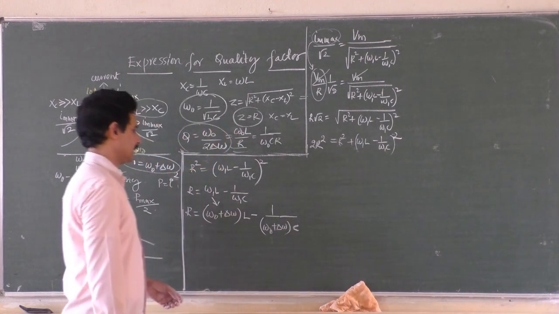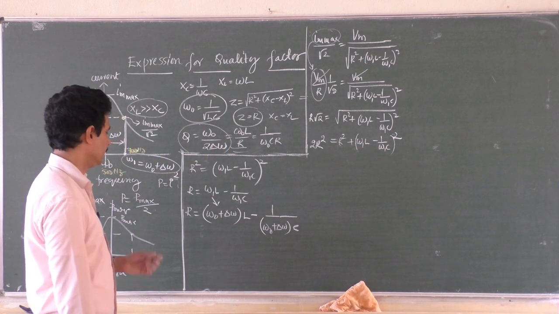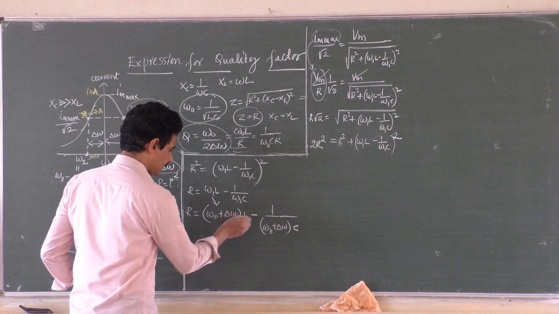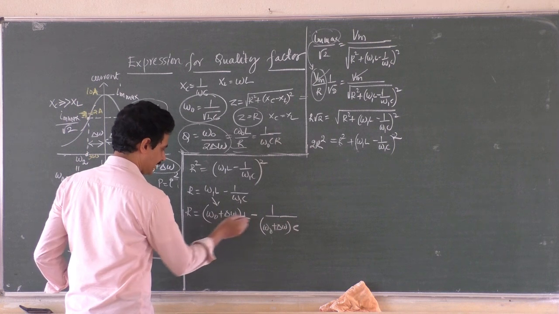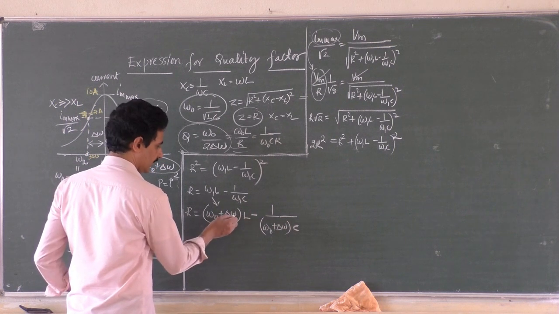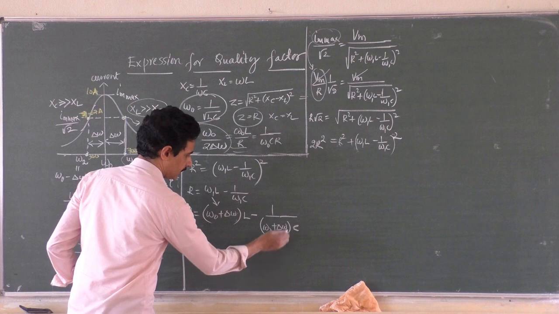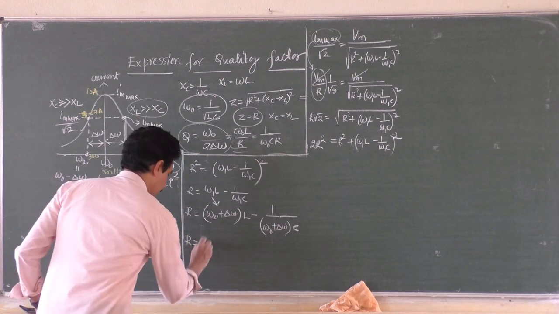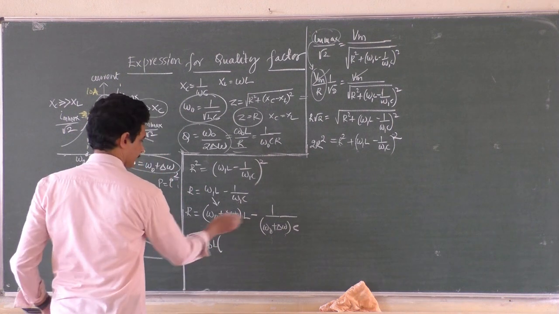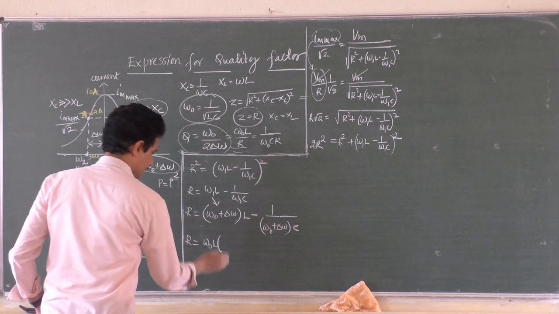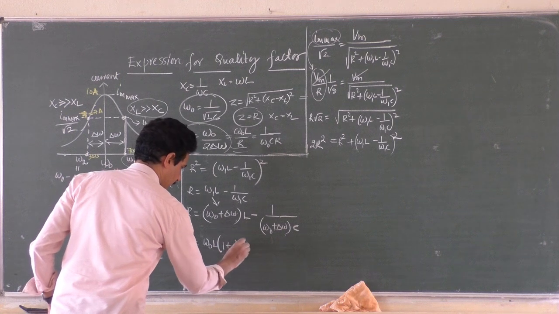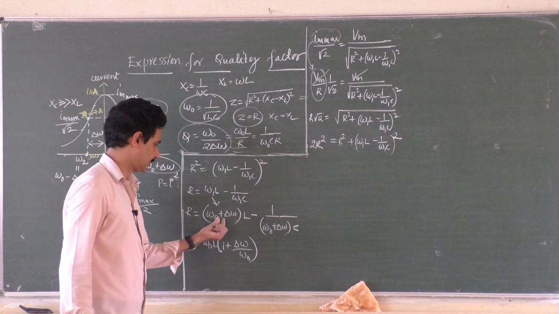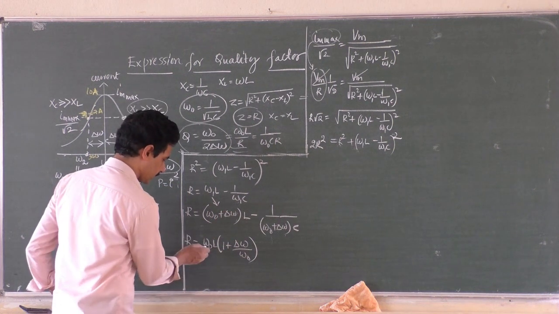Correct? Now try to get omega naught L outside here. If you want to take omega naught outside, there should be a common omega naught, so here multiply and divide by omega naught. What you will get? Omega naught L, I will take it outside. L is however outside. This is 1 plus delta omega by omega naught. Now we bring this omega naught inside.